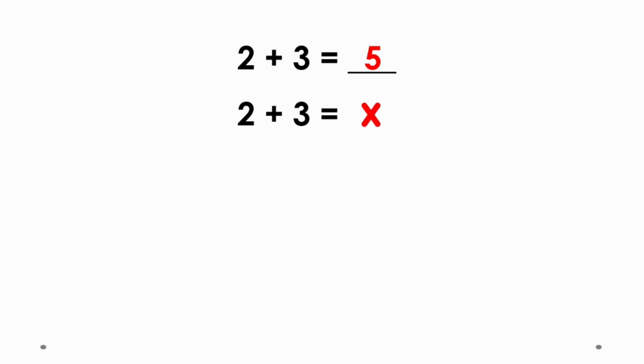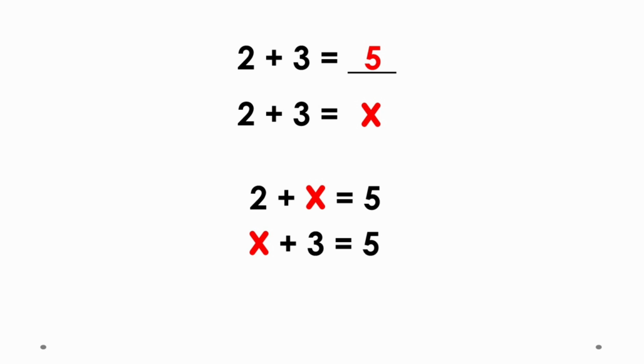This problem could be presented in different ways of algebraic equations: 2 plus x is equal to 5, or x plus 3 is equal to 5. These are known as algebraic equations. An equation is a mathematical statement that two things are equal.